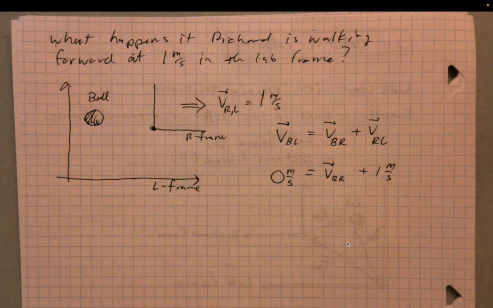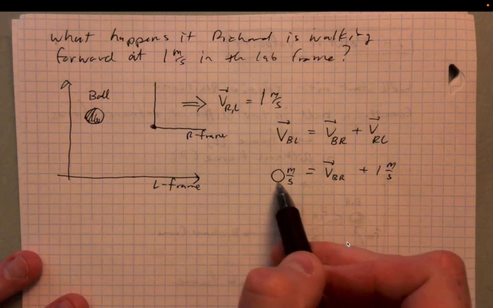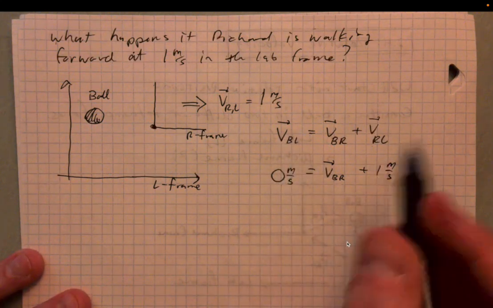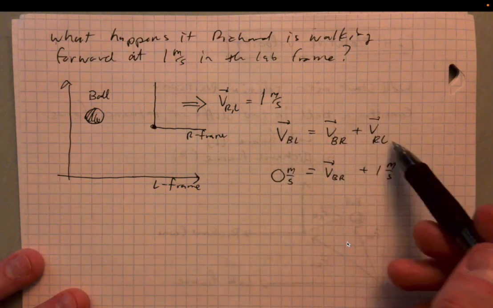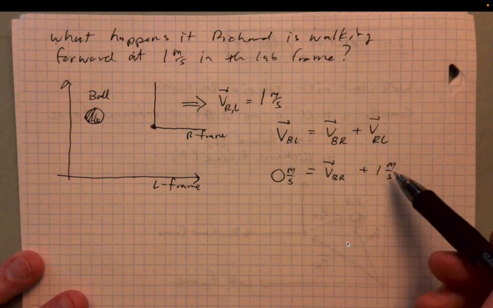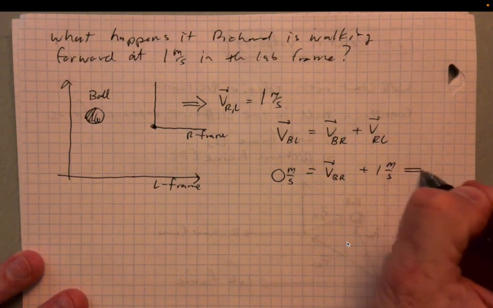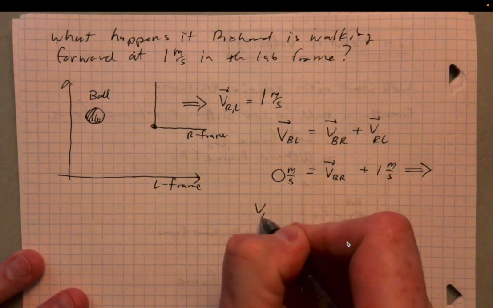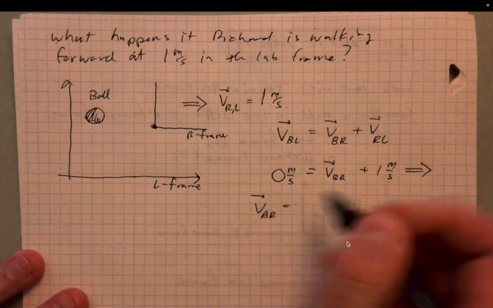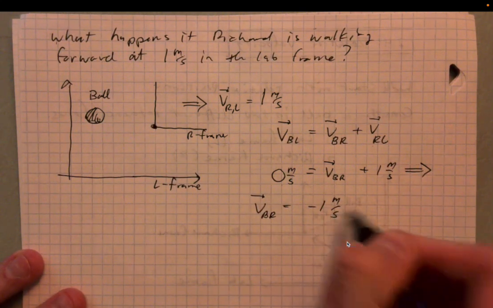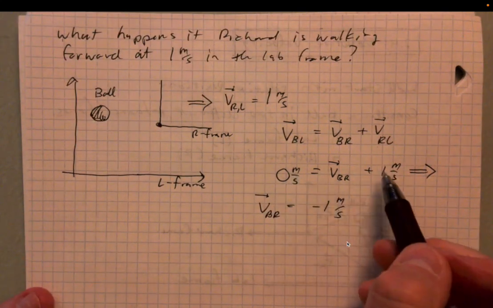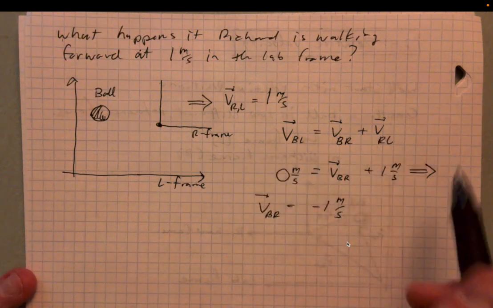So we get this expression if we plug in these values. The ball is moving at 0 meters per second relative to the lab. Richard is moving at 1 meter per second relative to the lab. So what does that imply that the ball is doing relative to Richard? Well, the implication is that the velocity of the ball relative to Richard is equal to -1 meters per second. You just do a little algebra on this. You basically subtract 1 meter per second on both sides.